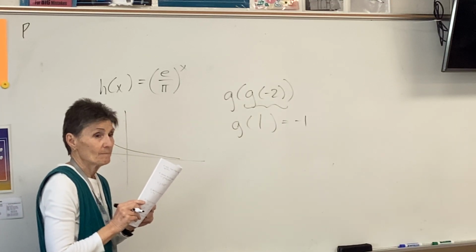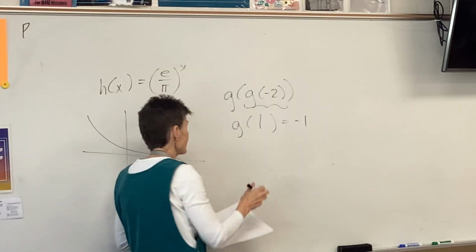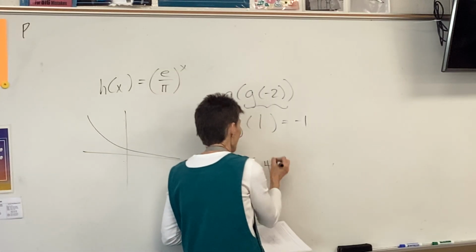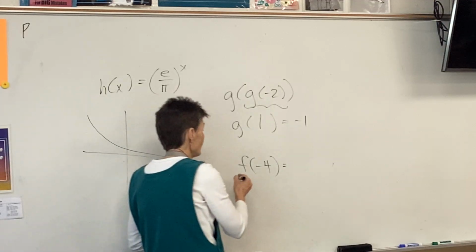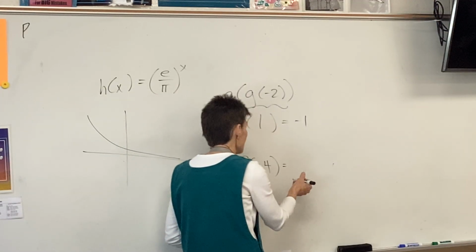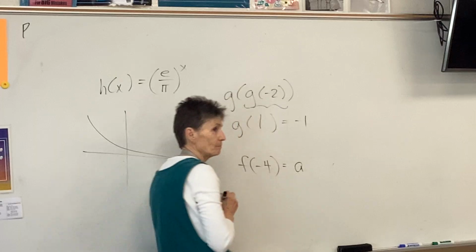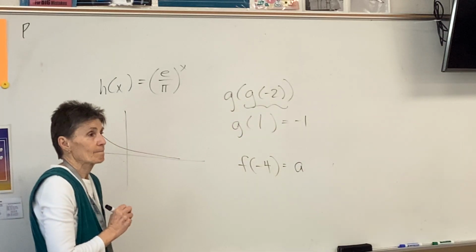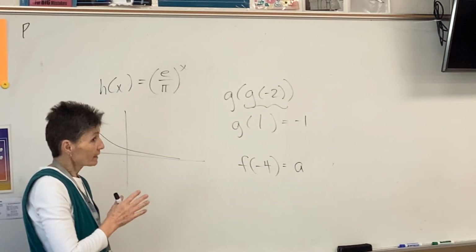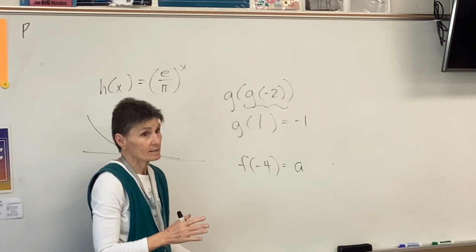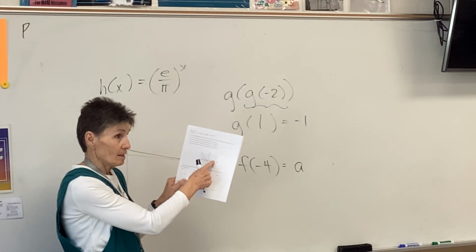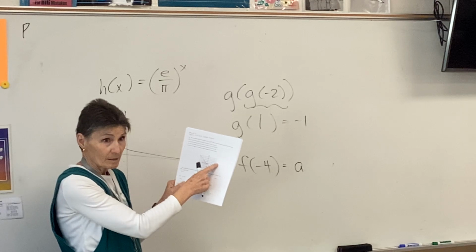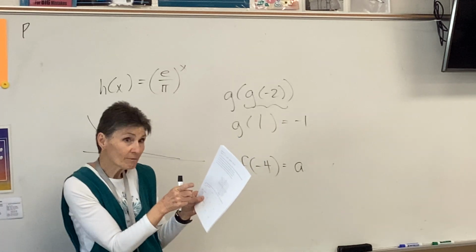Is that all right? All right, the next one says find f of -4. So I want to know f of -4 equals something. There are a couple different ways you can go on this. Be careful, that is not f. That is g, right? But g is the inverse of f.